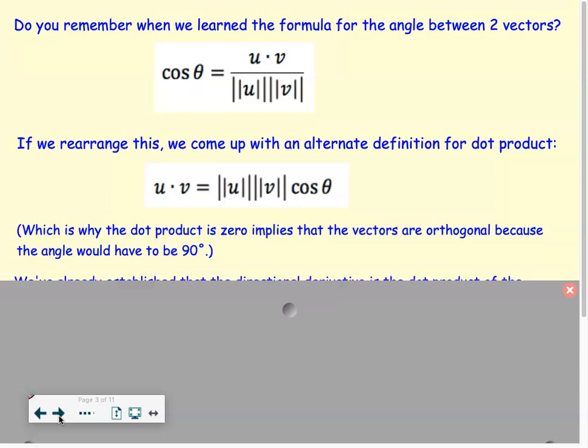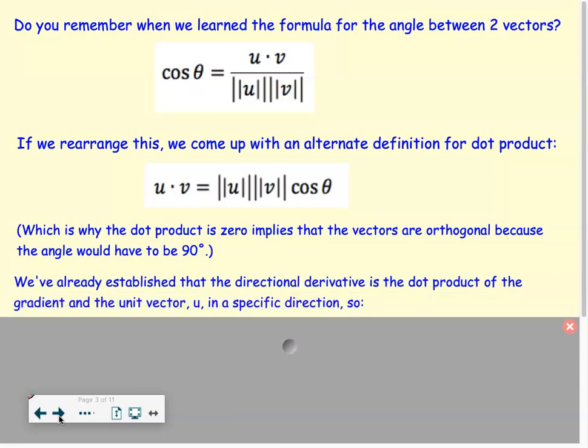So where are we going with this? Well, here's how we link it to what we're doing. We've already established that a directional derivative is the dot product of the gradient and the unit vector in the direction we want, right?